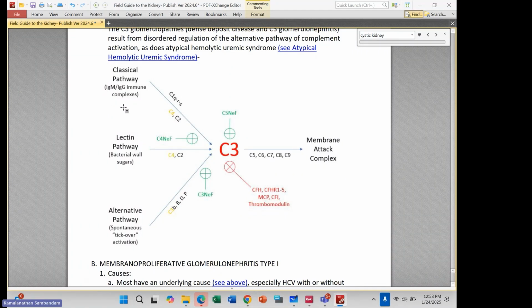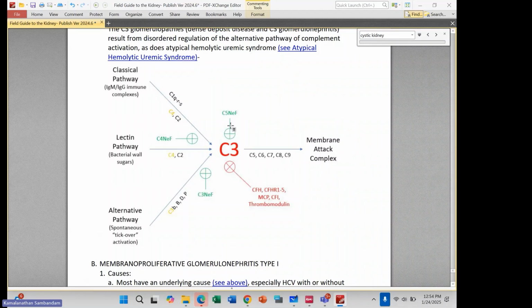Once you get further along in this classical pathway, you then converge at C3. C3 then associates with other complement proteins to form the membrane attack complex, which generally causes death of the bacteria, or injury to the host.